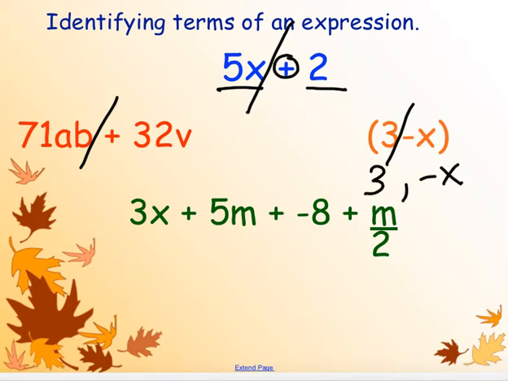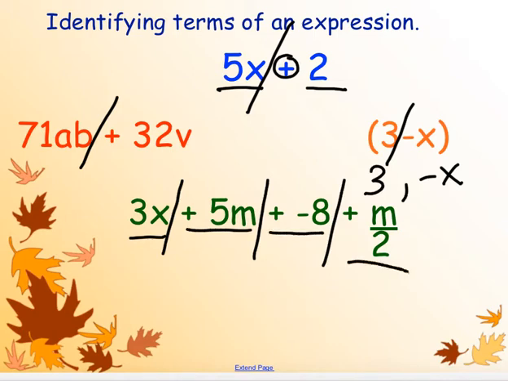That subtraction sign goes along with that x. We can't forget about it. Very important. And lastly, this long one, we have 4 different terms. 3x is a term, positive 5m is a term, negative 8 is a term, and m over 2 is a term. 4 different terms in that big long one.